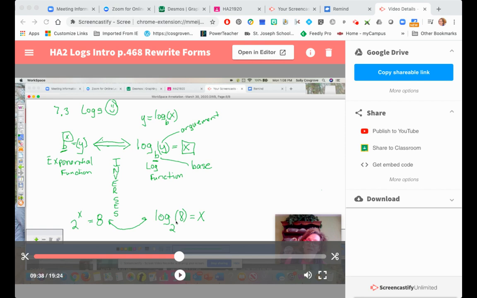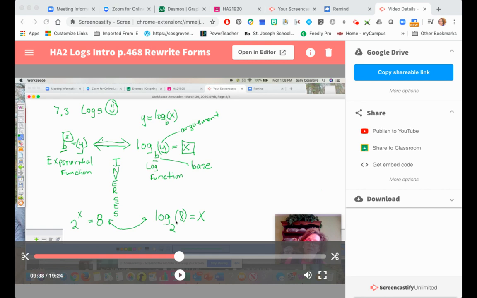Yes. So let's think. 512. What am I trying to do? I'm trying to rewrite them in the same base. Well, 512 is a big number. 512 to some power, that's not going to work. So I wonder what my base could be. Well, I have an 8 here.